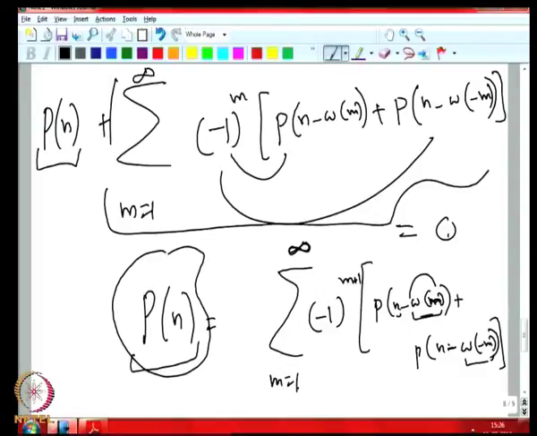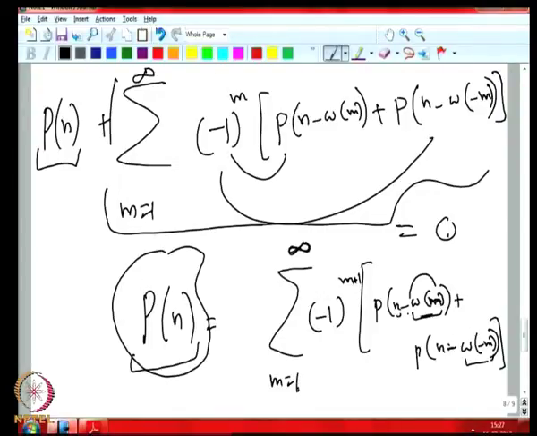So, how many terms will be there, you will ask. When I put m equal to 1, there will be n minus something; we have seen that omega of m is 1, right. Then m equal to 2 we will get something else, n minus that.